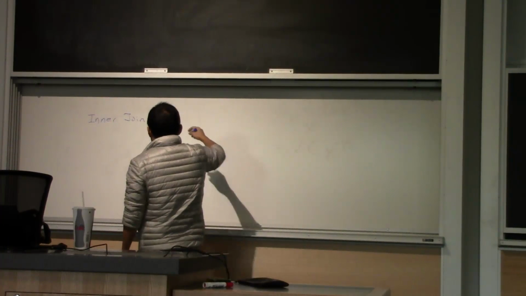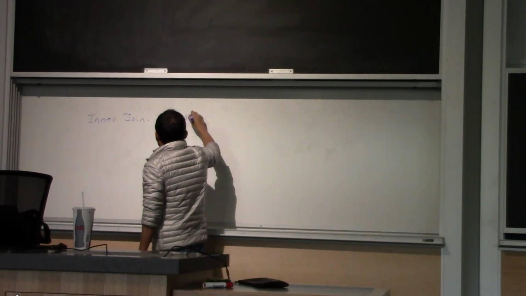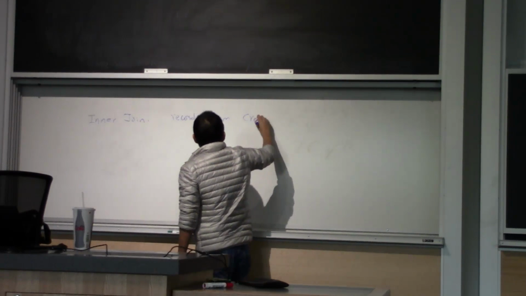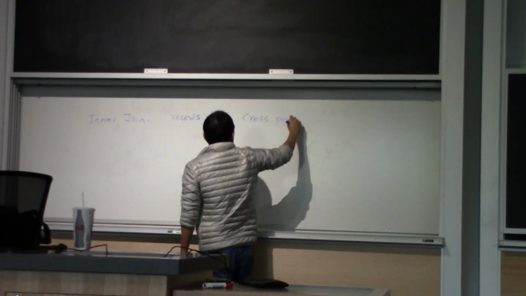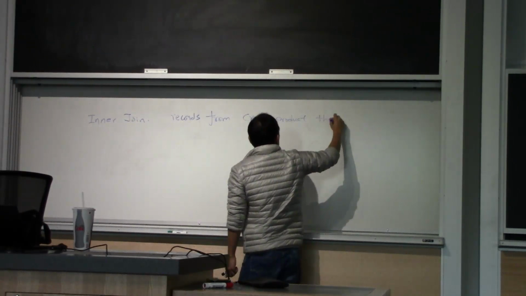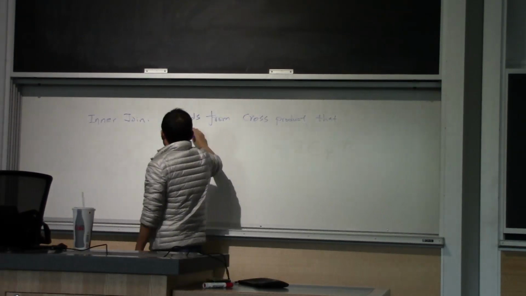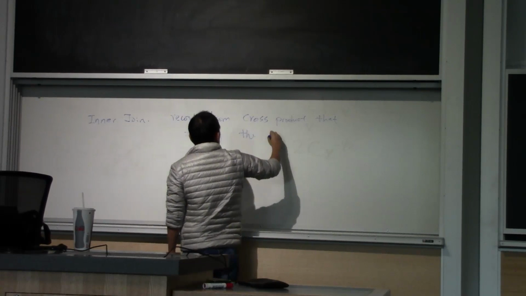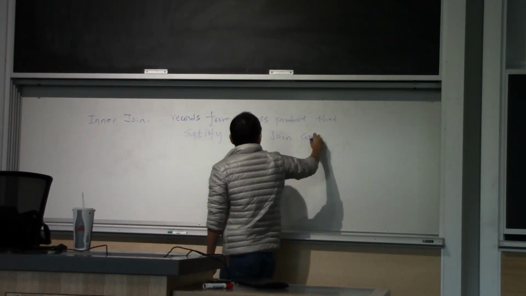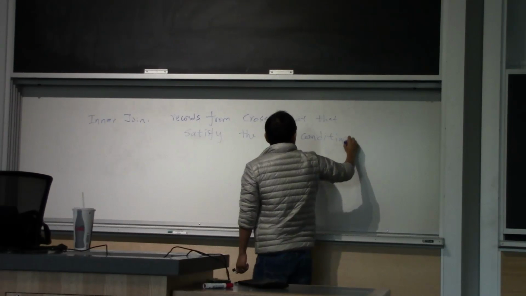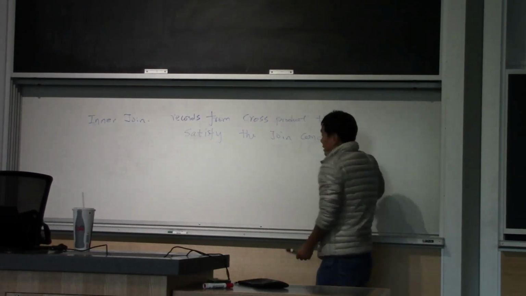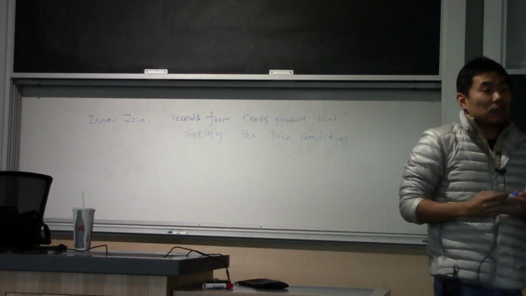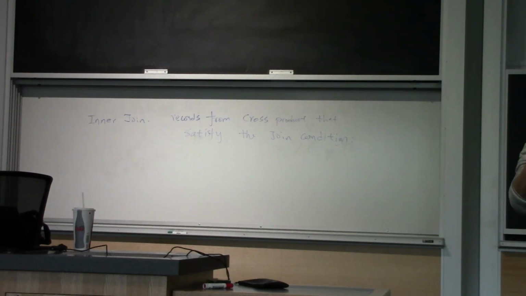That's essentially inner join. Okay? So that's inner join. Inner join is all the records from your cross product that satisfy the join condition.